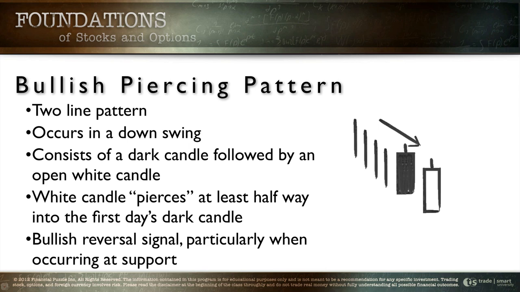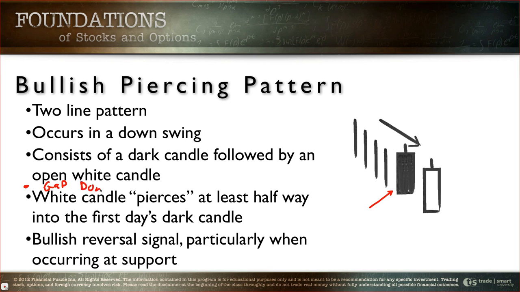It's going to consist of a dark candle followed by an open white candle, like you see right here. The first day will be a good-sized black candle. We will gap down. In fact, I left that out of here. Forgive me, this is the first time I've taught through these new slides.